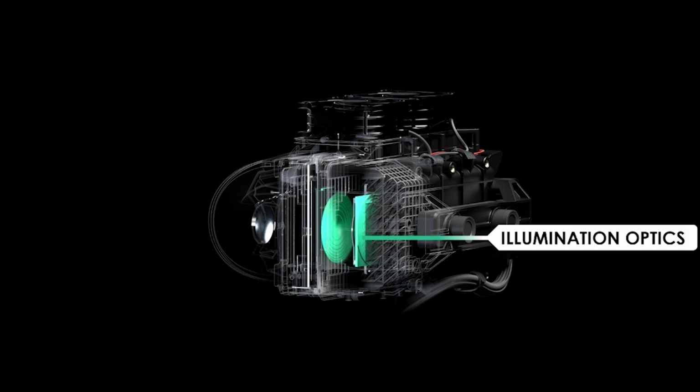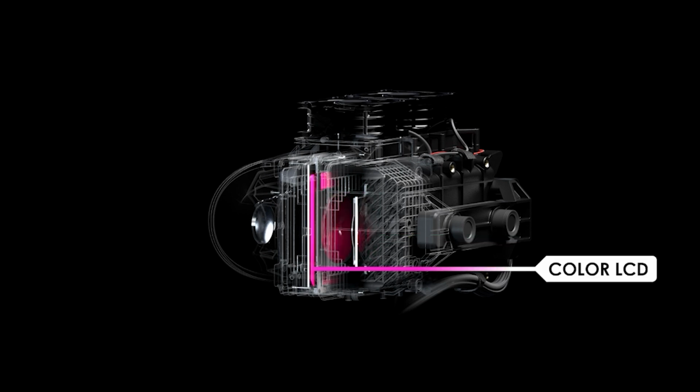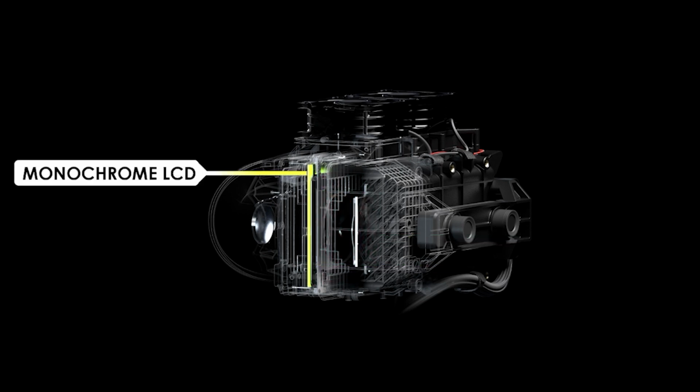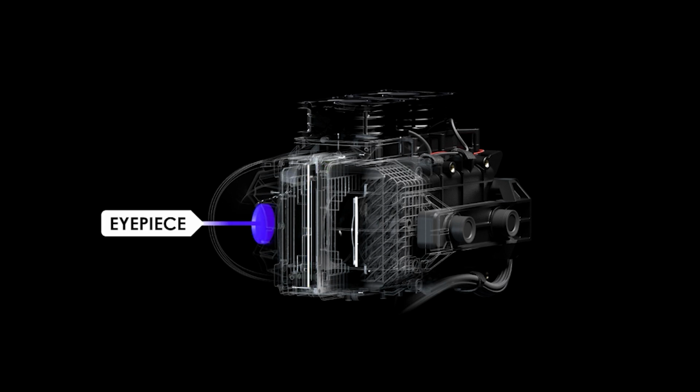Because we want to maintain as much of that brightness in the eye box for the viewer, we have some illumination optics that collect stray light as much as possible and direct it through first a color LCD, which is stacked directly behind a monochrome LCD, and these two together produce increased contrast, whereas if you used a single LCD and used such a bright backlight, your black levels would be very high and you would have a very low quality image. And then we have a standard VR eyepiece.